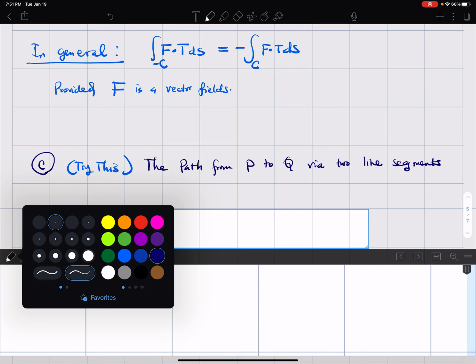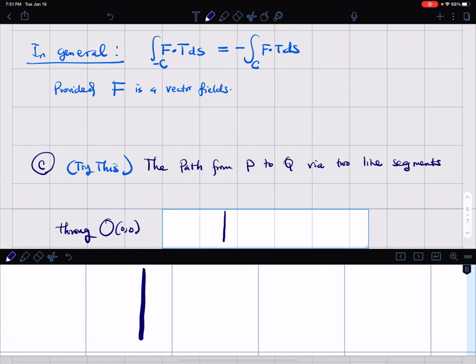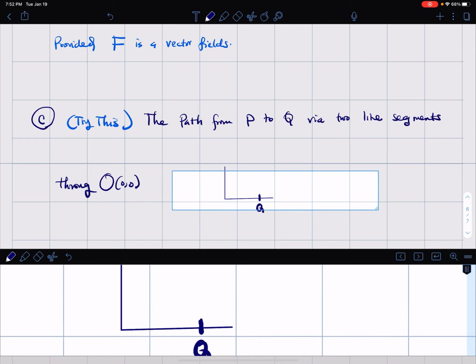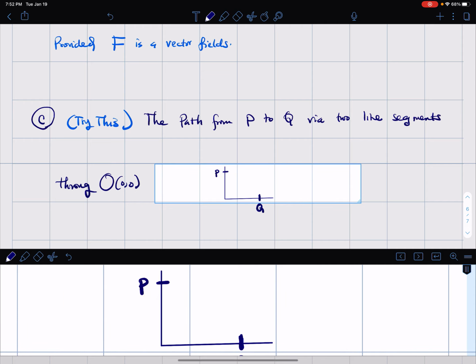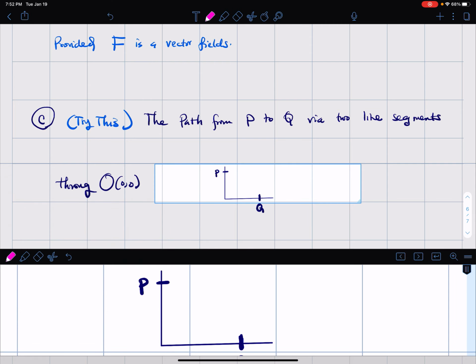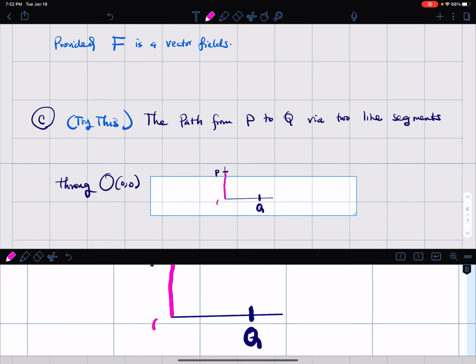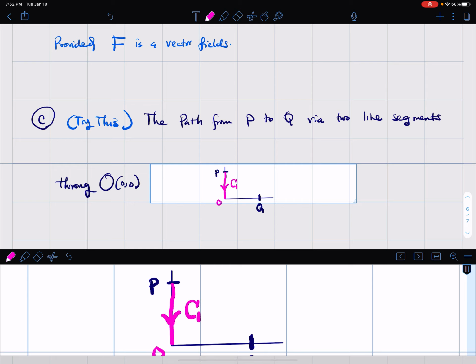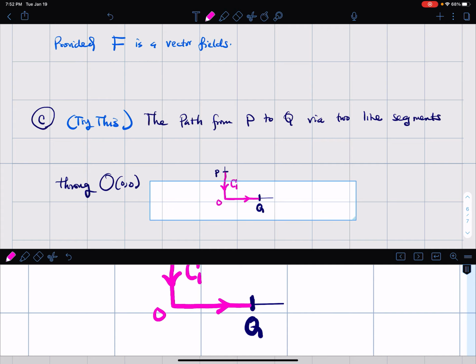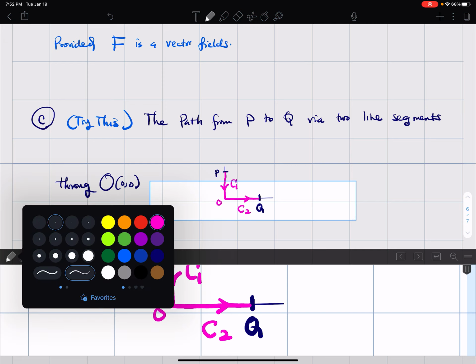What do I mean by this? I want to go like this. So this is Q, and this is P. I want to go from P to O, and I'm going to call this C1, and then I want to go from O to Q. I'm going to call this C2.